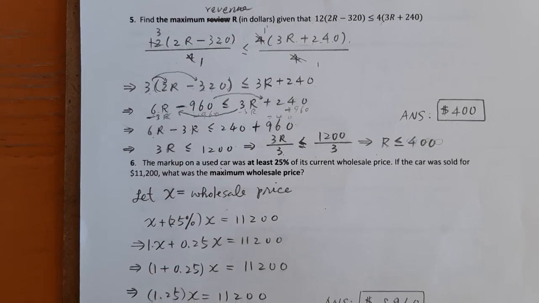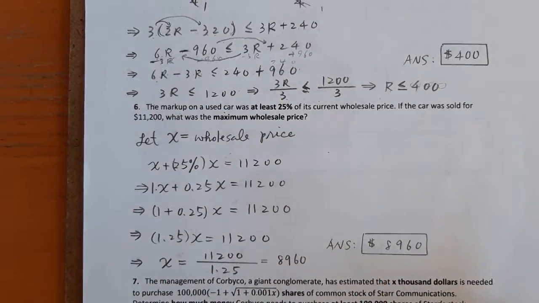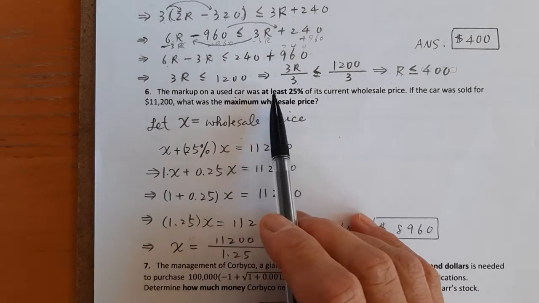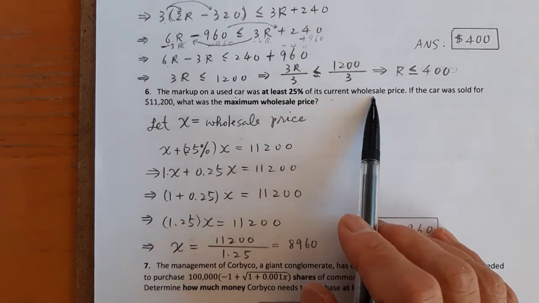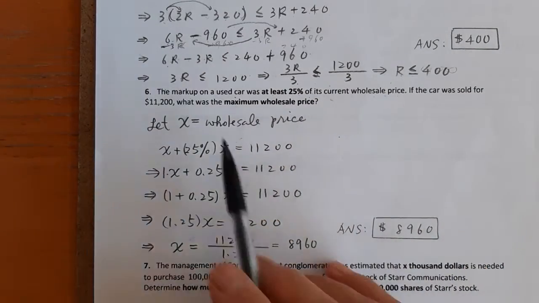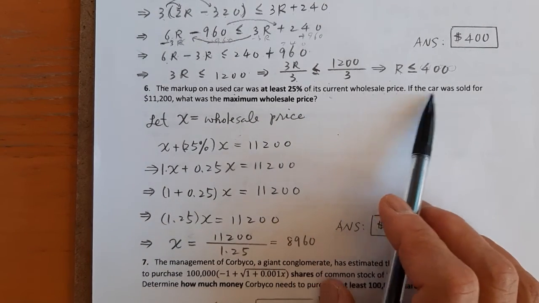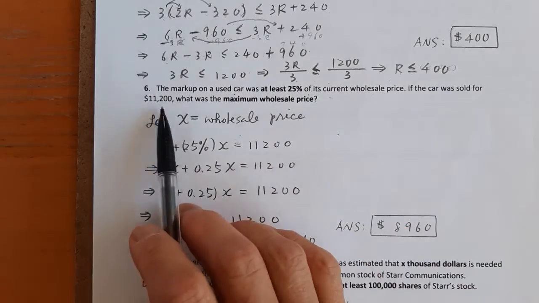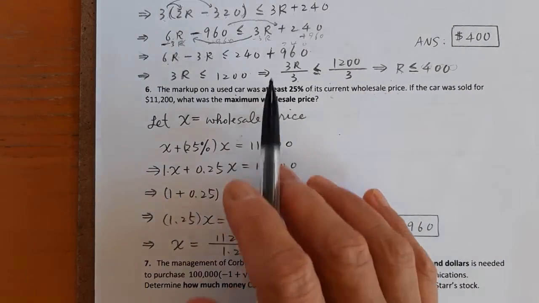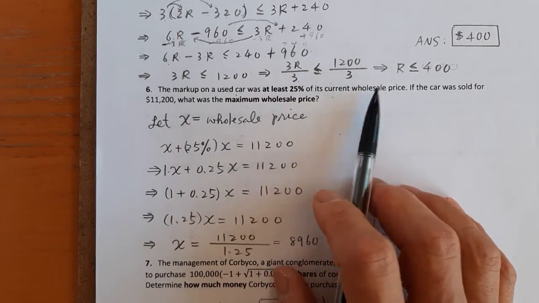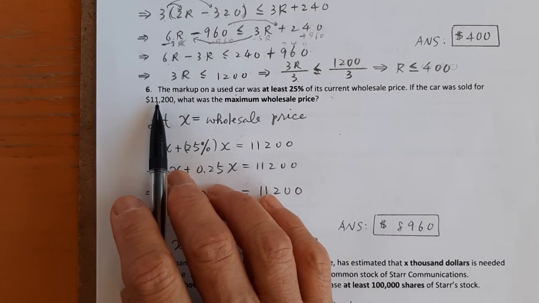So then next question, the markup on a used car was at least 25% of its current wholesale price. So if the car was sold, after markup, from the current wholesale price, markup 25% of wholesale price is going to be the sale price.